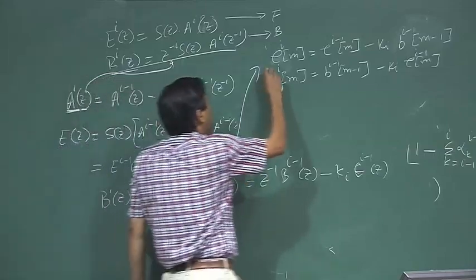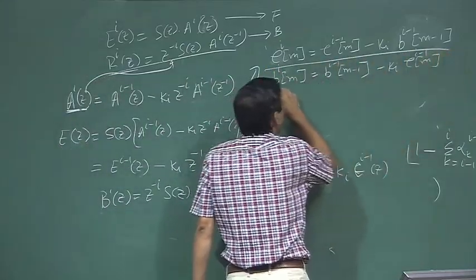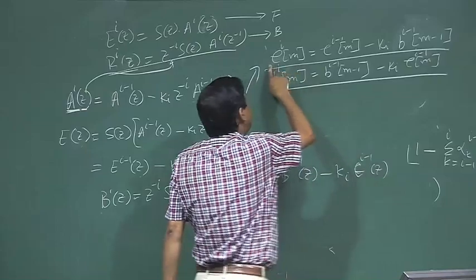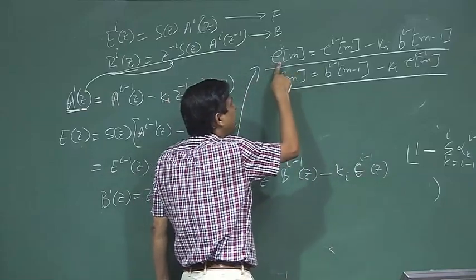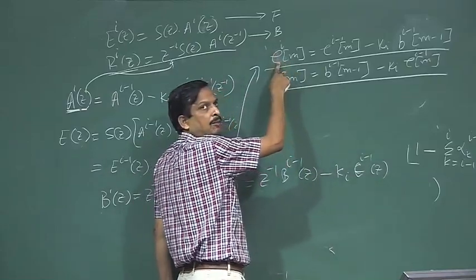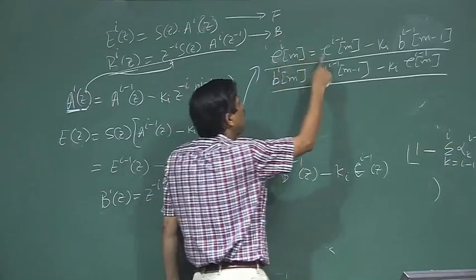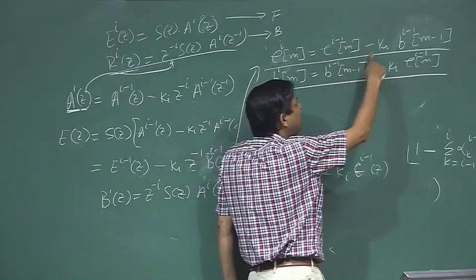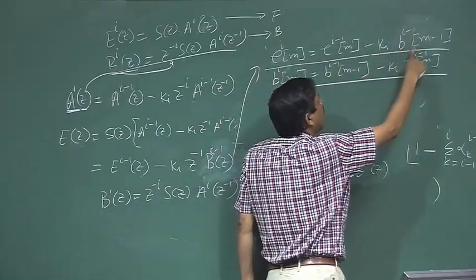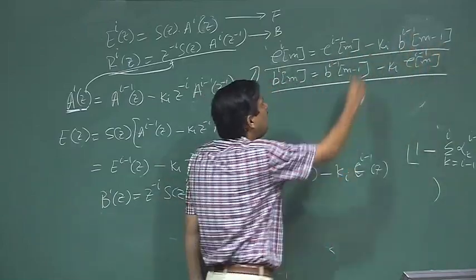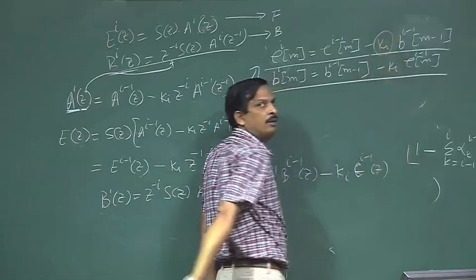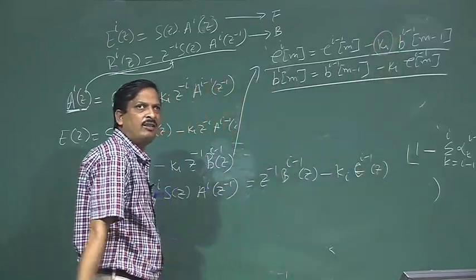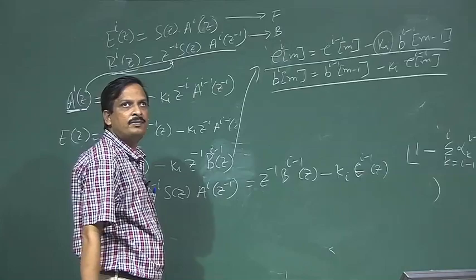So this is called the forward prediction error, and this is called the backward prediction error. I can easily say the ith iteration forward prediction error is equal to the i minus 1th iteration forward prediction error minus k i into B i minus 1 m minus 1, where k i is the partial reflection coefficient. Okay.